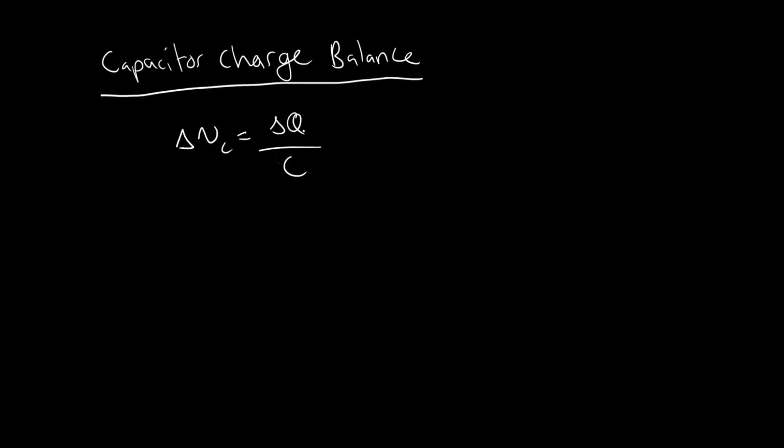The charge of the capacitor is the volt-seconds of the inductor. Really the derivation is identical. So I hope you're not too scared if I just jump right into it.